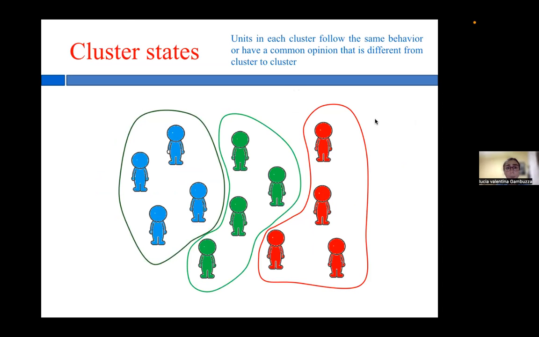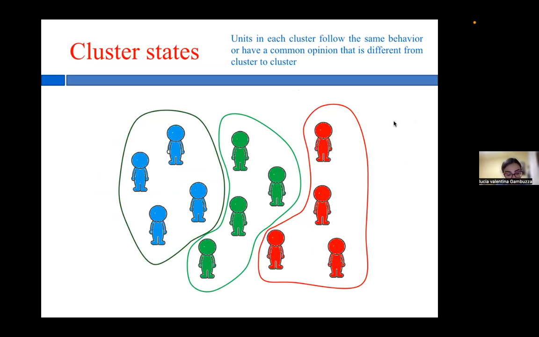If we are interested in seeing these new phenomena, all these different types of behavior are called cluster states.